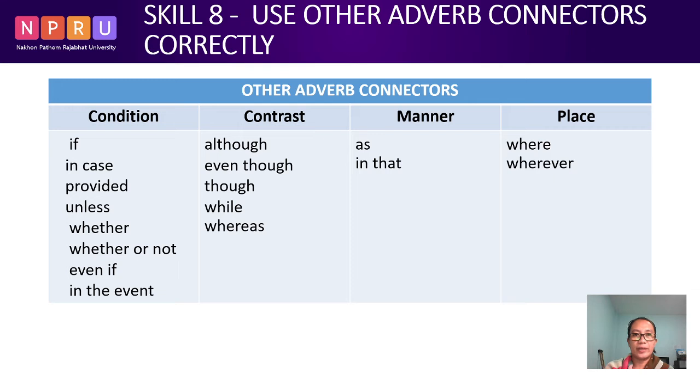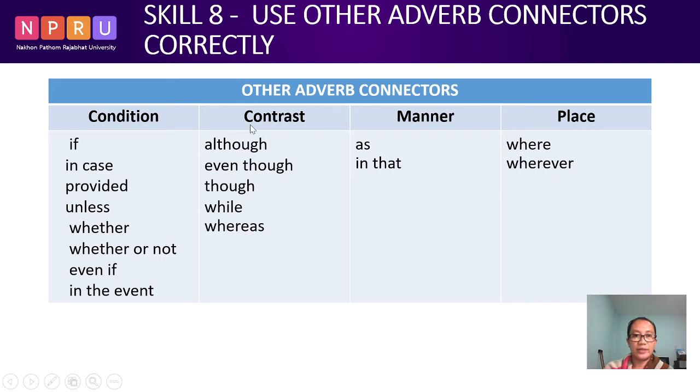So in skill number 8, this is the use of other adverb connectors correctly. So what are these other adverb connectors? So as a condition, we can use these connectors: if, in case, provided, unless, whether or not, even if, in the event.